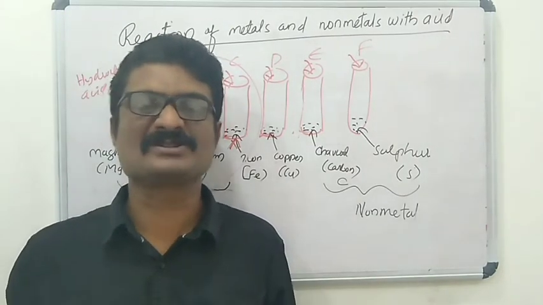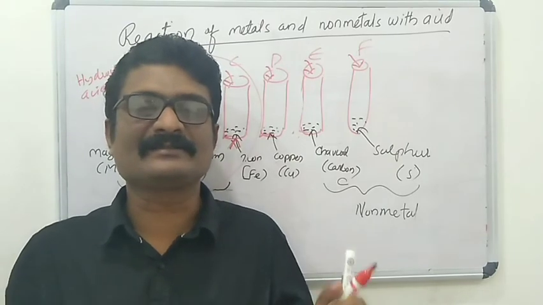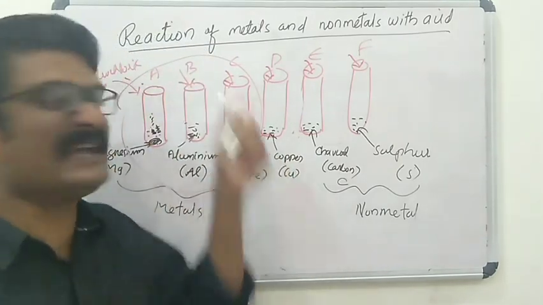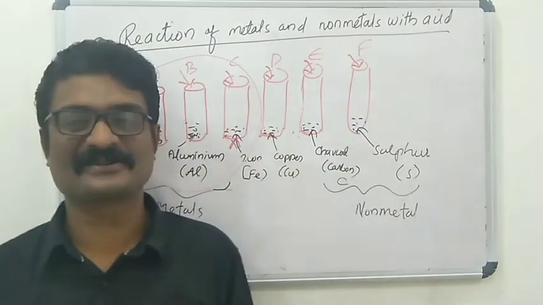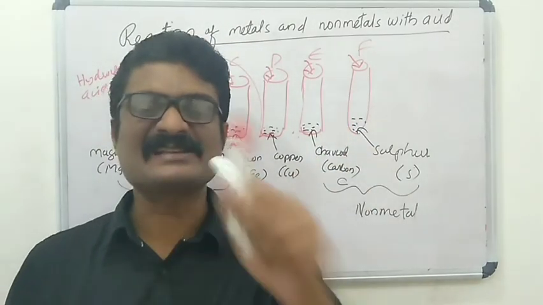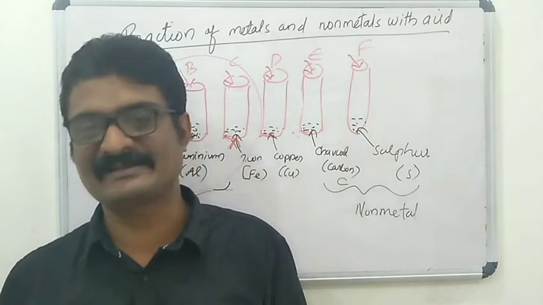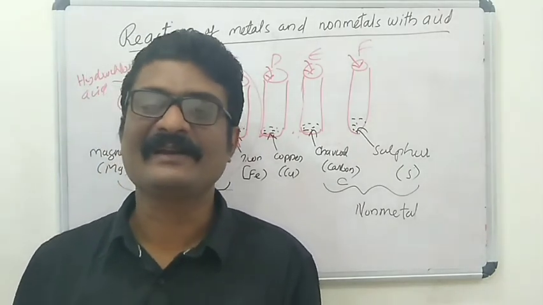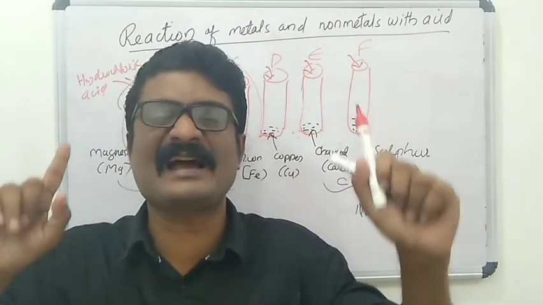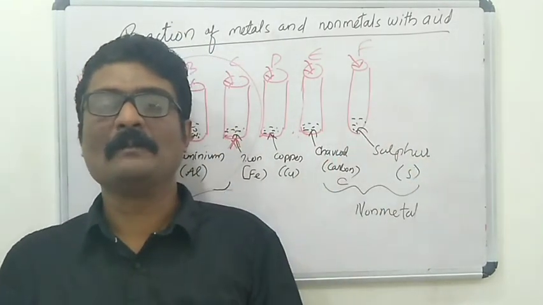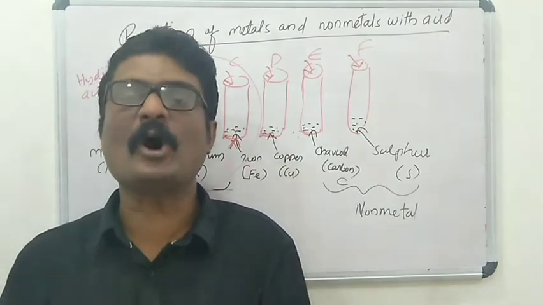A pop sound when you take the candle over A, B and C. This indicates that the gas evolved is hydrogen gas. Hydrogen gas has the property of burning with a pop sound.